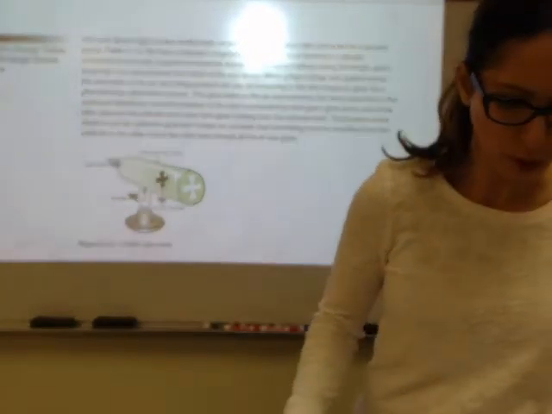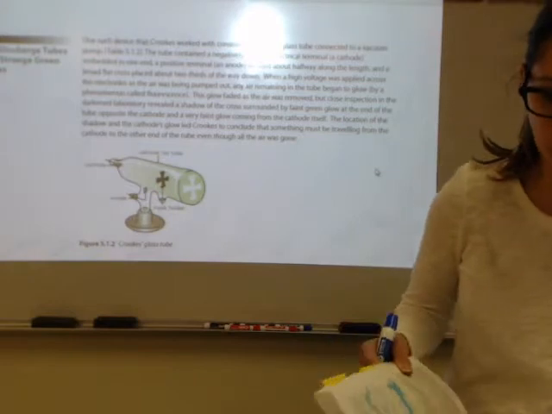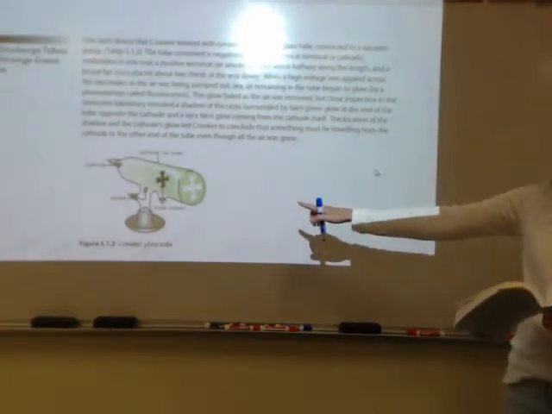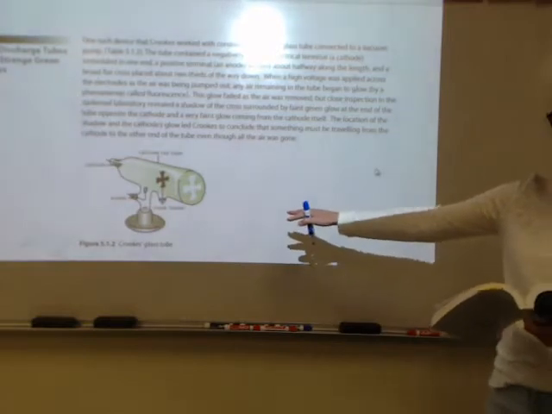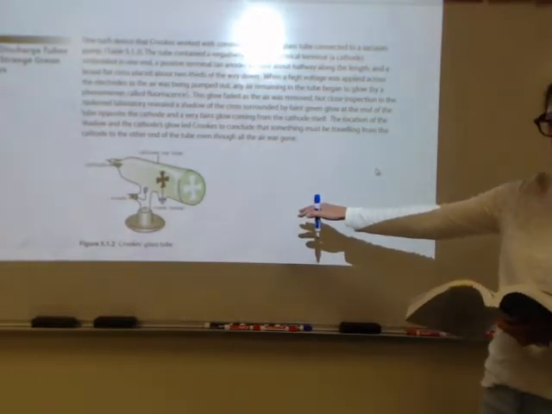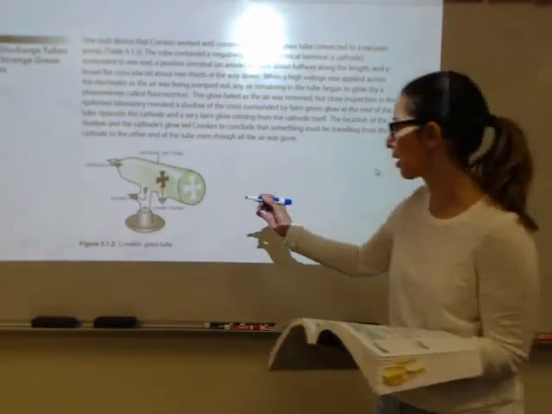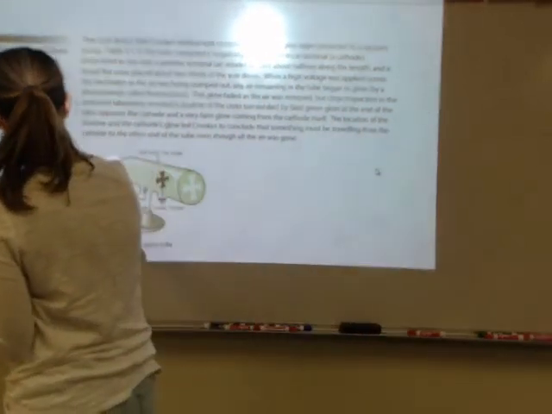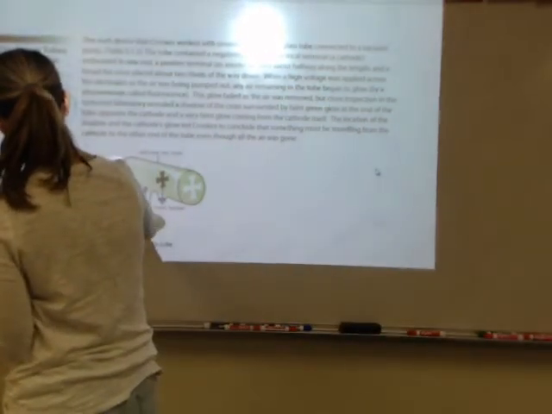And Crookes worked with a sealed glass tube that was connected to a vacuum pump. And you can see that in this figure here. The tube contained a negatively charged electrical terminal, which is known as the cathode. So here is your negative end.